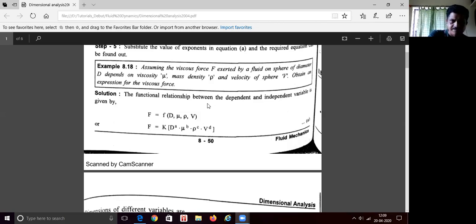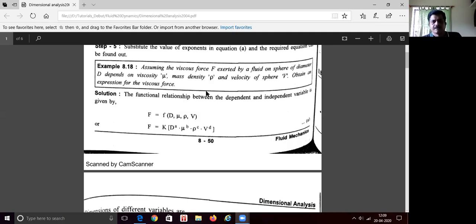This problem, Rayleigh's method, see example 8.18. Here, assuming the viscous force F exerted by a fluid on a sphere of diameter d depends on viscosity mu, mass density rho, and velocity of sphere v. Obtain an expression for the viscous force. We have to solve this using Rayleigh's method.